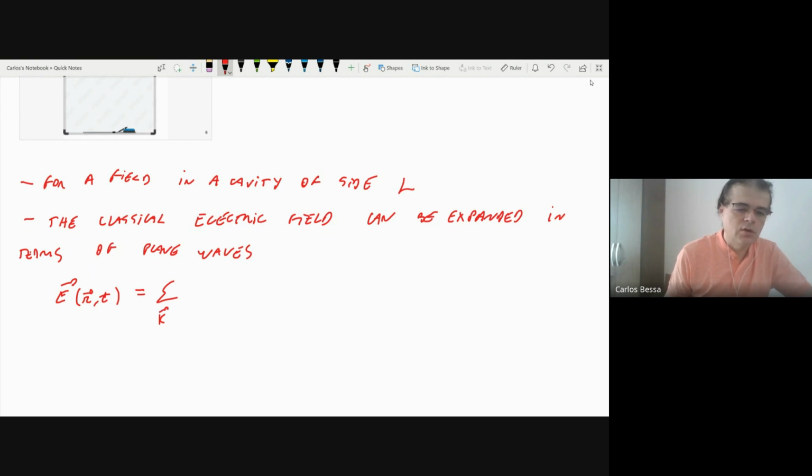Here k is the wave number, and we have these quantities that we'll define soon. E_k, alpha_k exponential of i(k·r − ω_k t), plus the complex conjugate of this, okay? CC here is just the complex conjugate.